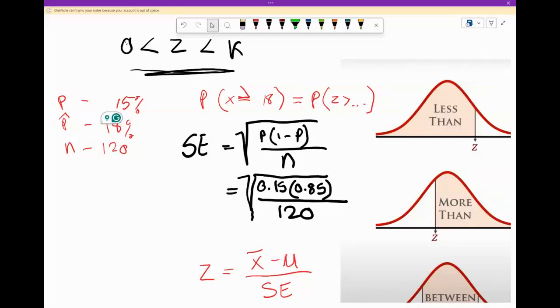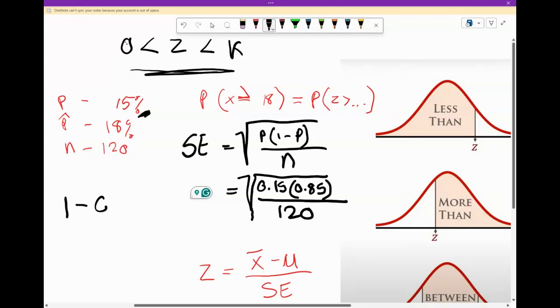No, you're right, I'm agreeing with you. Remember here we said 1 minus P, and P we said is 15. So remember, 15% is the same as 0.15. So when we say 1 minus 0.15, what do we get?